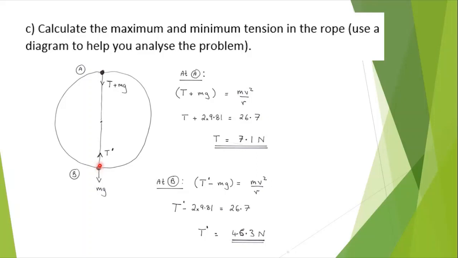It's equal to the tension acting upwards minus the weight acting downwards. So T prime minus mg equals mv squared over r. So T prime minus m times g equals, now again, mv squared over r, we said was 26.7. And yes, T prime equals 46.3 newtons. It's a much greater tension.